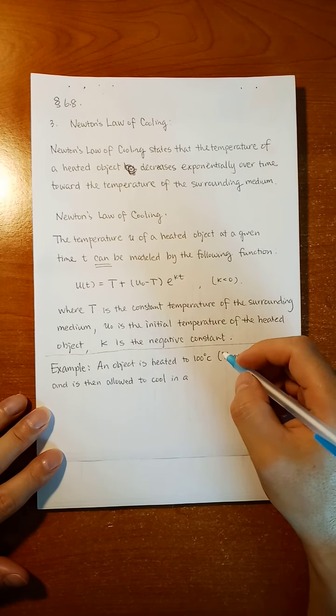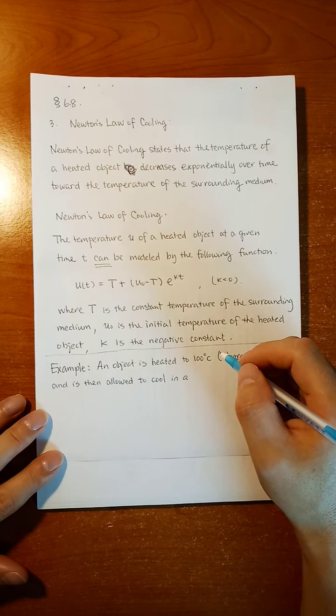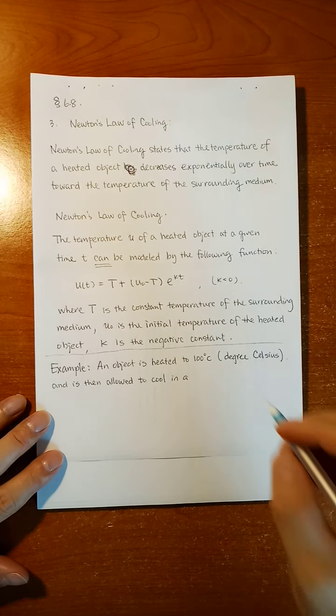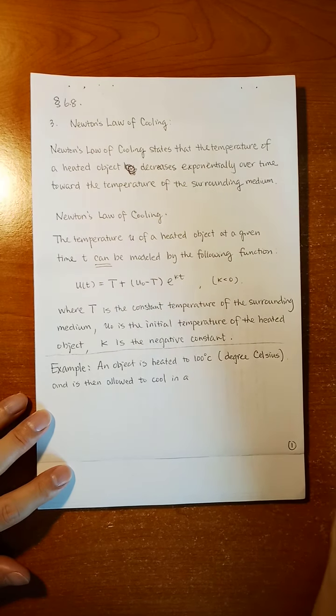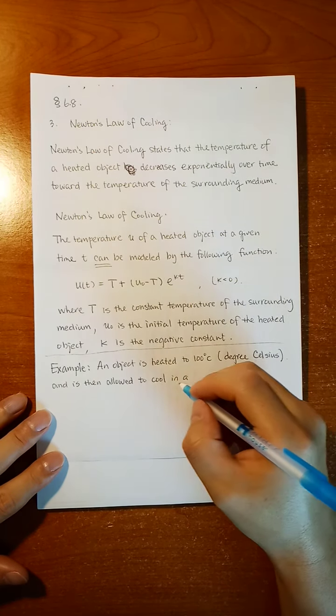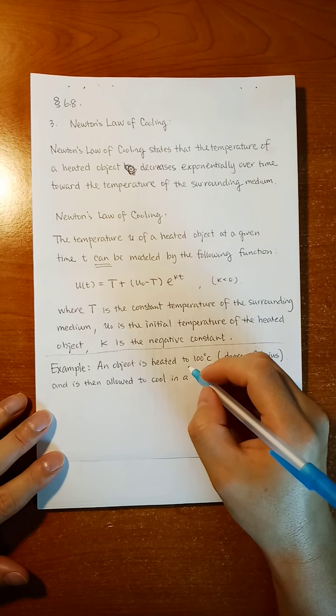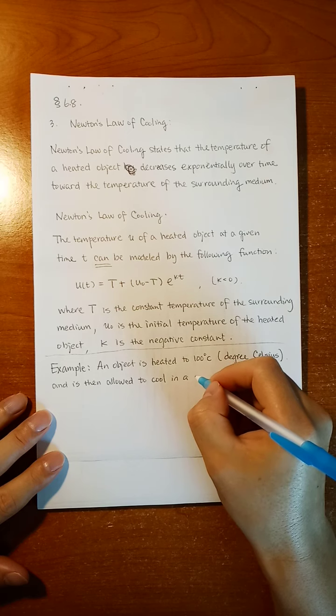Boiling water has a temperature of 100 degrees Celsius. It's not F, it's C.